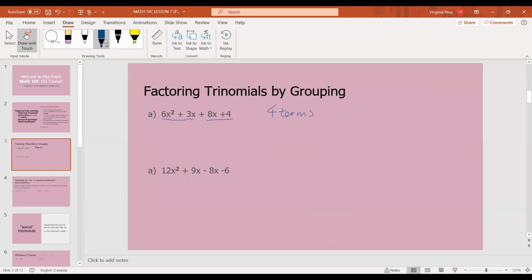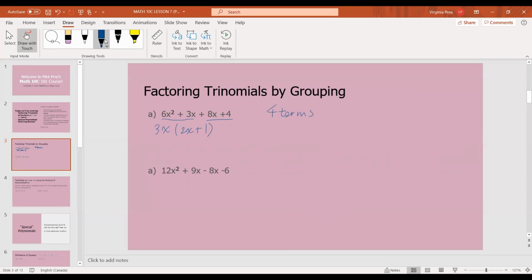Notice how there's a 3 and then a multiple of 3, and also there's an x and an x squared. So what we can take out is a 3x from both of these. We can take it out, which leaves, I'm going to put the remaining stuff in the brackets, which leaves, so when we take out the 3x, we're essentially dividing 6x squared by 3x, which leaves 2x plus, and 3x divided by 3x is 1.